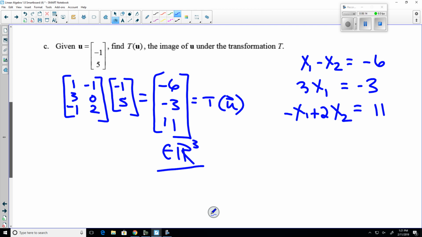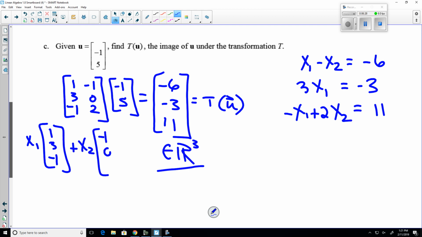The range would be all possible A times x's, I see. Right? So all possible A times x's would be x1 times this vector plus x2 times this vector, right? We plug in anything we want for x1 and x2, and that'll give us one of those, right? And that is the span of those two vectors.